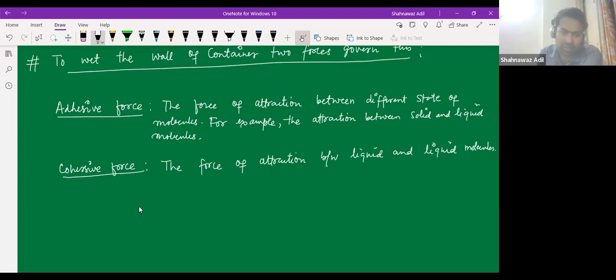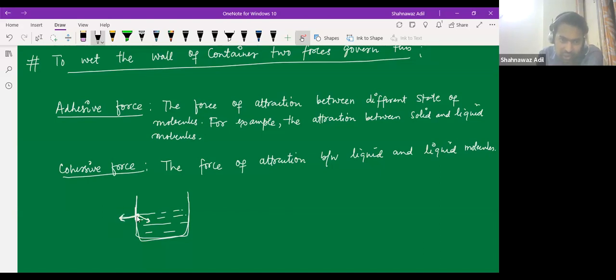If you have a liquid, and this liquid particle has some cohesive force acting in this direction, and then this surface is attracting it in its direction.